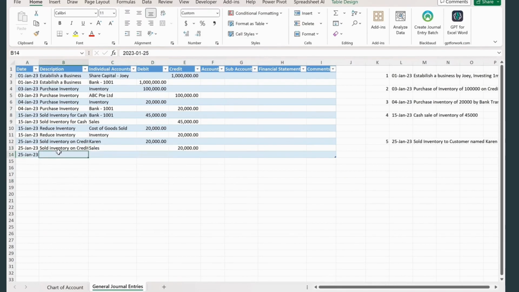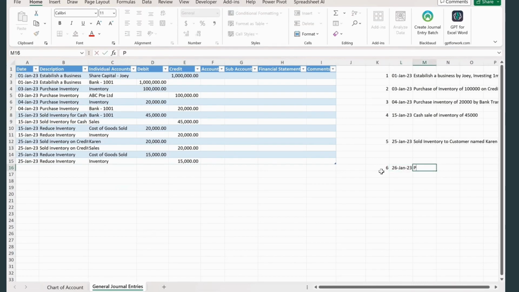Credits sales. Reduce inventory. Cost of goods sold, $15,000. We reduce our inventory by same amount.